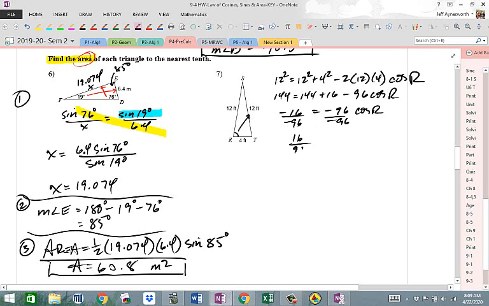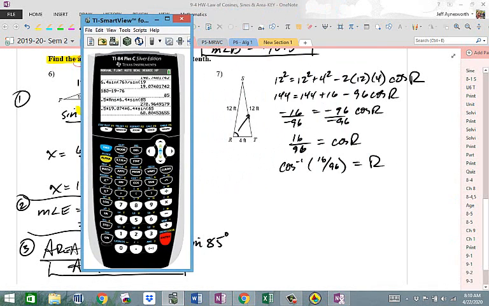No need to simplify it because I'm going to take the inverse cosine. So the inverse cosine of my fraction is going to be equal to angle R. So let's go ahead and type that in. Take the inverse cosine of 16 divided by 96.